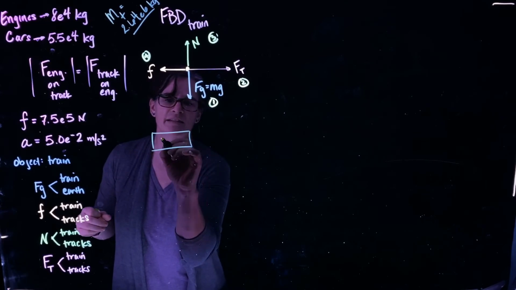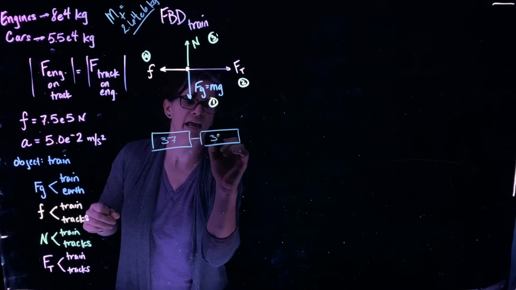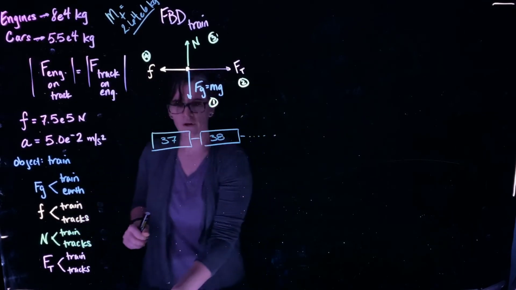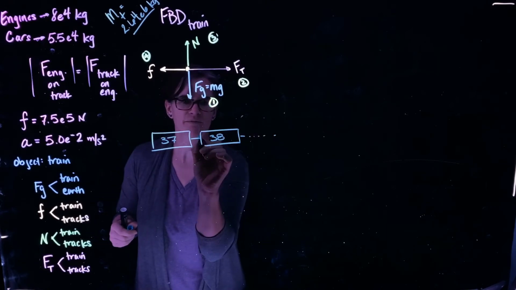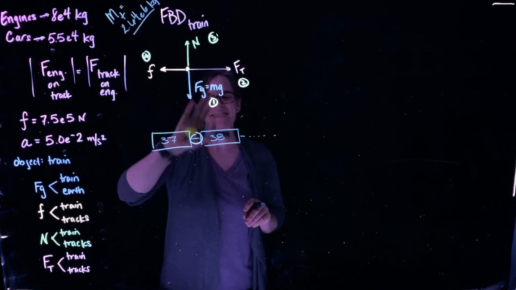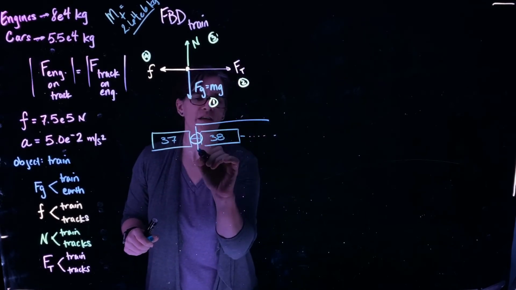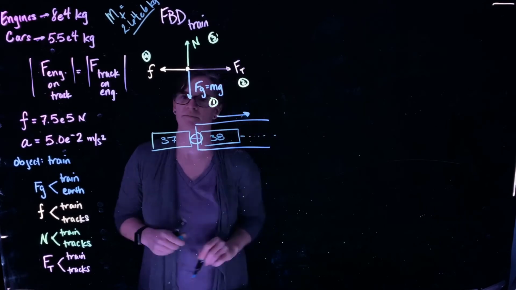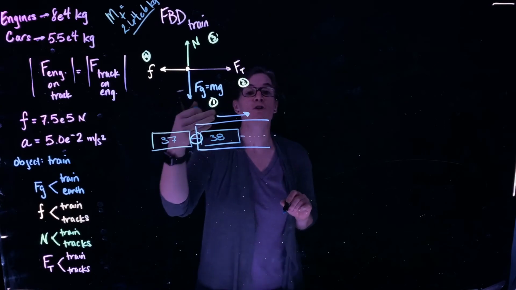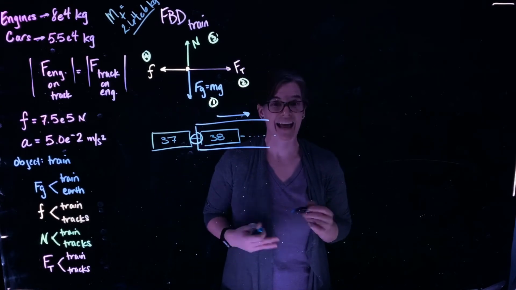So let's say this is car 37, and this is car 38, and there's all those cars behind it. We're interested in this force of this coupling. So that means that this coupling is interacting with all these cars behind. Okay, all of those cars are going to contribute to the force that that coupling has to push.